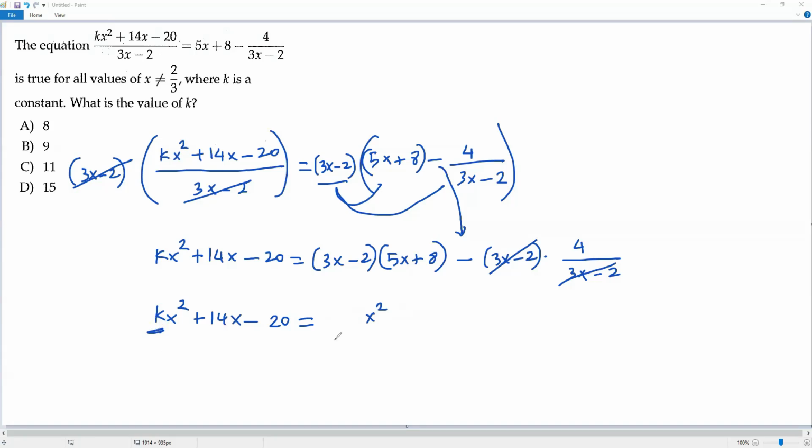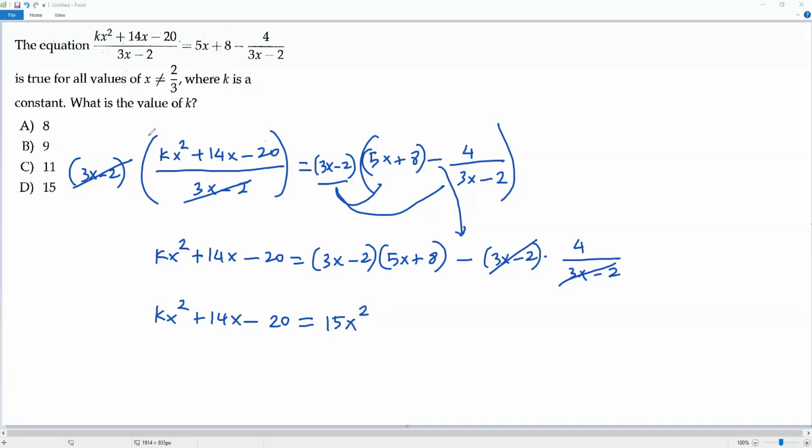So now my aim is to get the x² term on the right side. I definitely won't get any x² term or even an x term from the last part, because we just have negative 4. So I have a chance to get an x² term only in the product of these two binomials. I can multiply them using the FOIL method. When I distribute 3x to 5x, I get 15x².